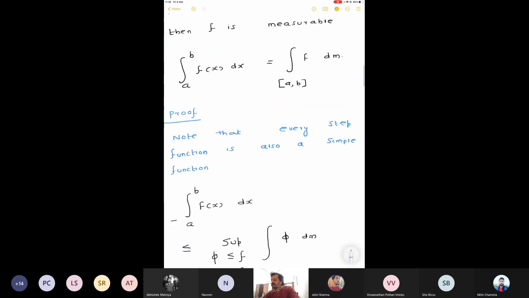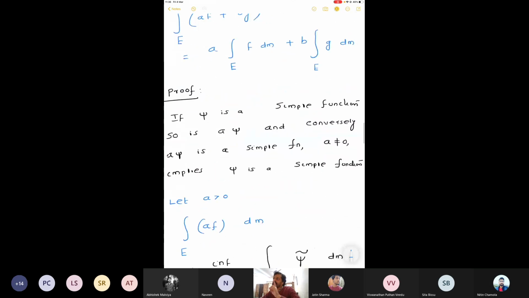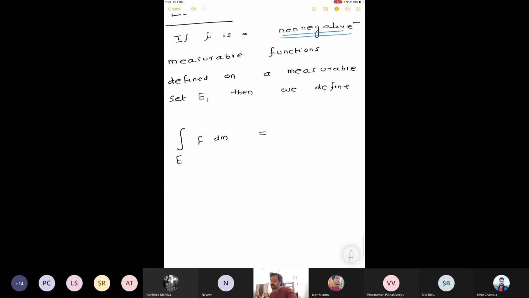But now moving from level 1 to level 2, you not only know integration of simple functions, you also know integration of a bounded measurable function over a set of finite measure. That I am going to use.